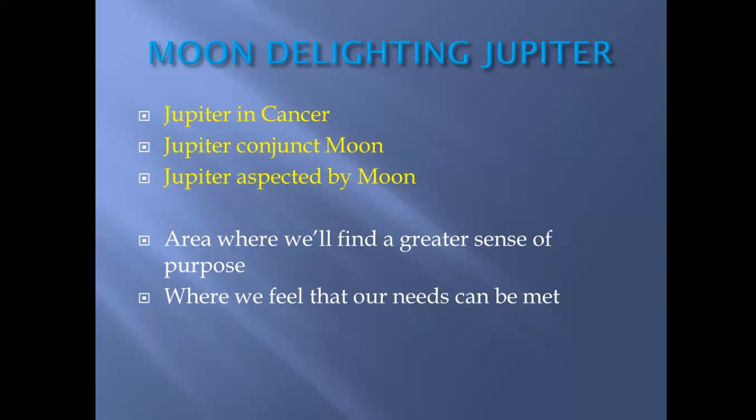Remember that the Moon is our individualized consciousness, it's our manas, it's our ego, it's our feelings, it's our capacity to feel receptive. So when it's delighting Jupiter, it's going to give Jupiter that sense of having a sense of purpose.